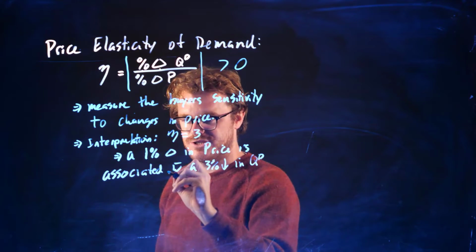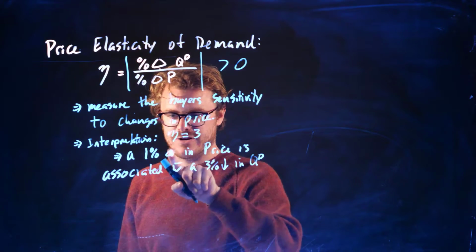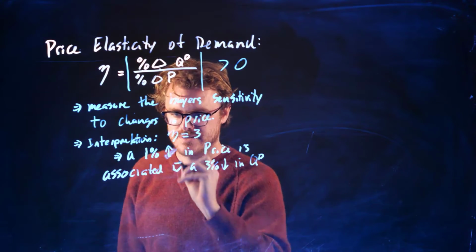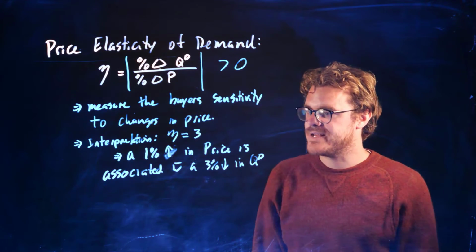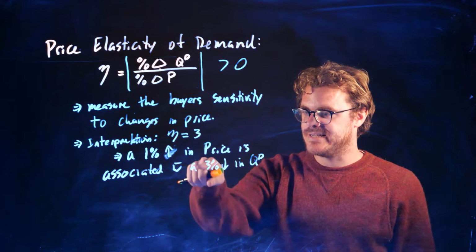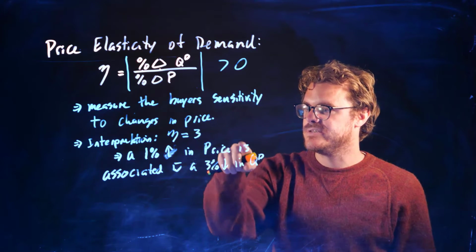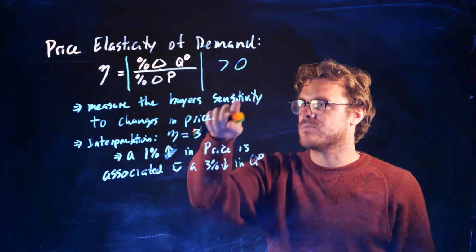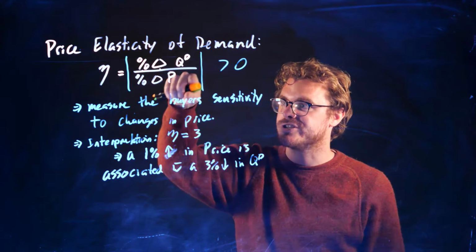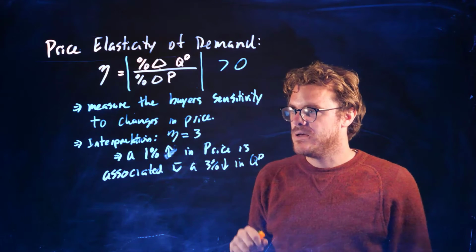And I guess this should change, it should be increase there. A 1% increase in price is associated with a 3% decrease in quantity demanded. So that's how you'd interpret a number once you calculate this fraction and take the absolute value.